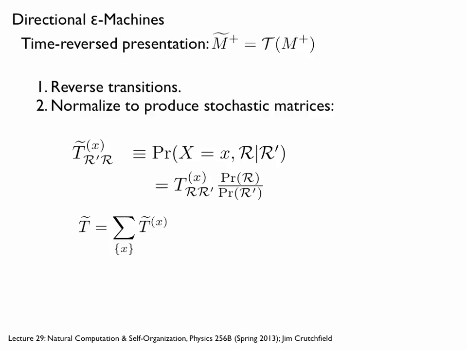So that's basically just the symbol labeled transition matrices transposed, but then I normalize by the state probabilities for those 2 states. And then if I just want to look at the internal Markov chain processes, I just, as usual, sum over the observed symbols.